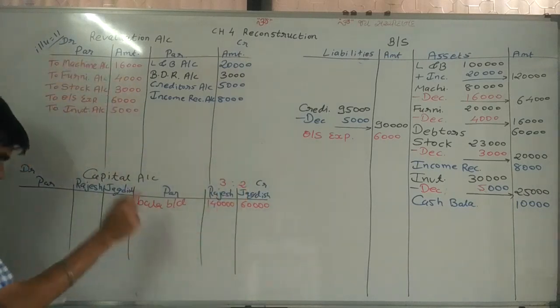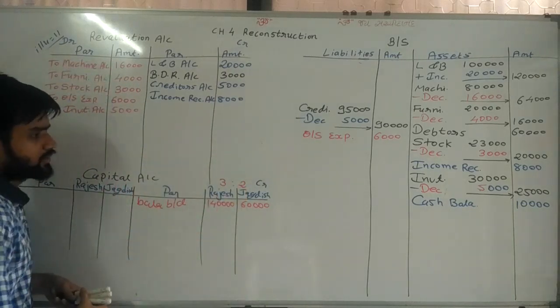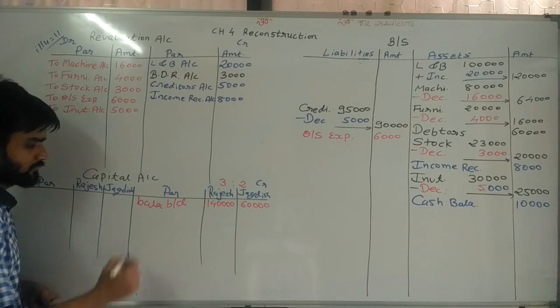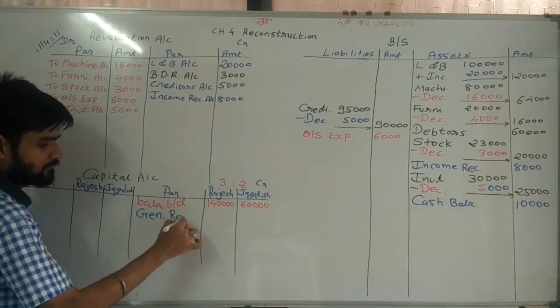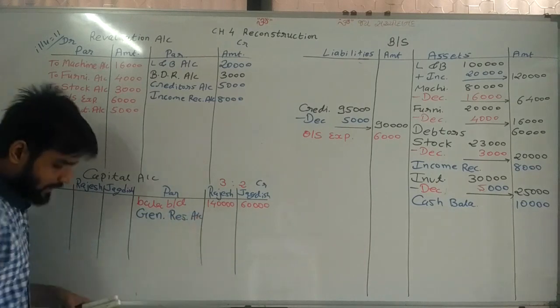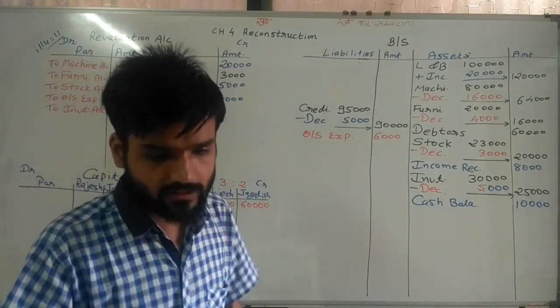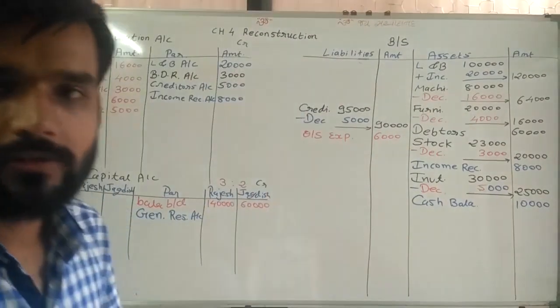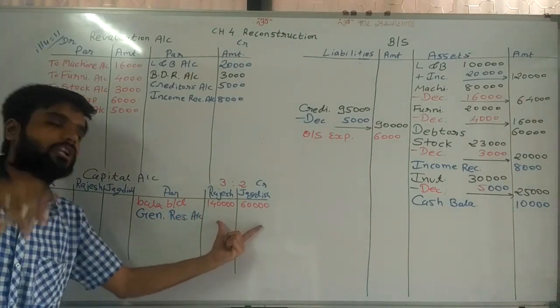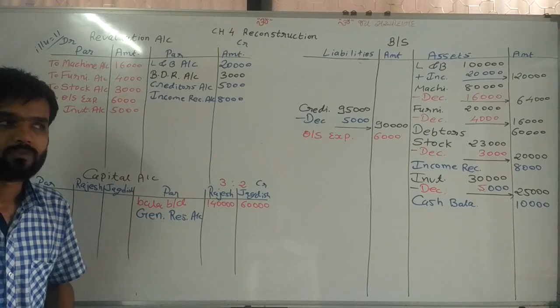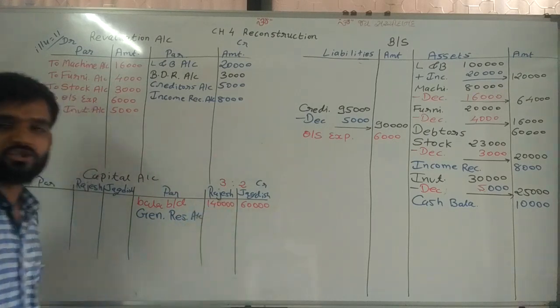Now, here I am writing general reserve. Now sir, here general reserve is given 10,000. Now 10,000 we are distributing among the partners in the old ratio 3:2. So distribute it in the ratio of 3:2.